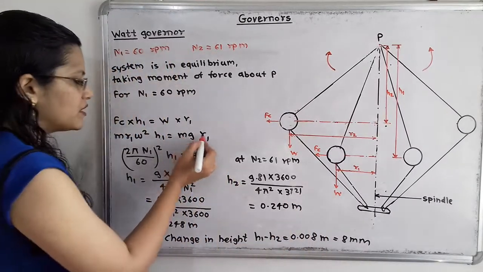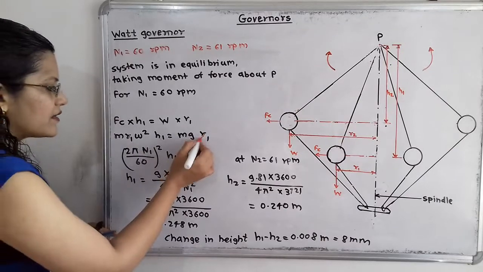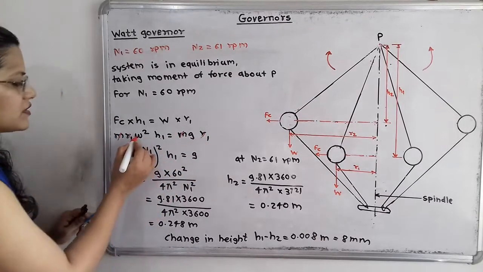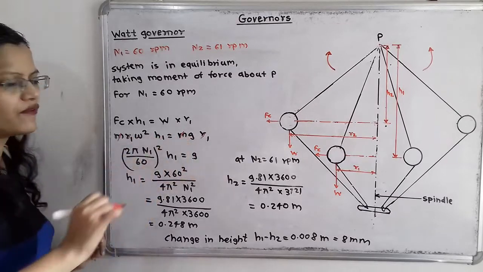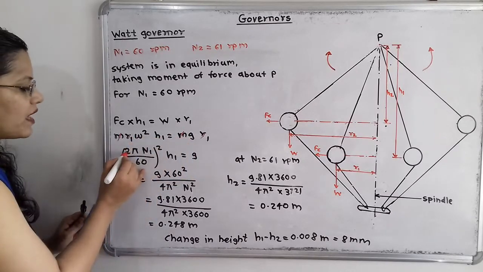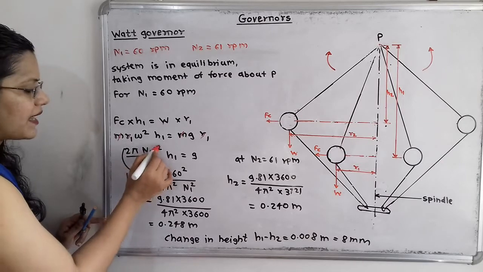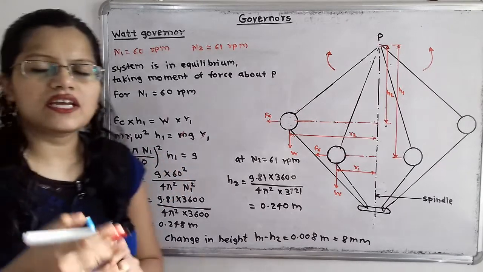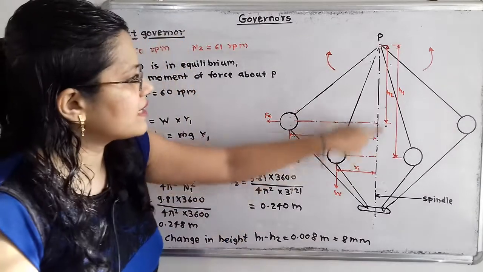So r1 gets cancelled, m gets cancelled. The equation is omega square h1 equal to g, that is, (2 pi n1 by 60) whole square into h1 equals g. The question asks us to find this height h1.